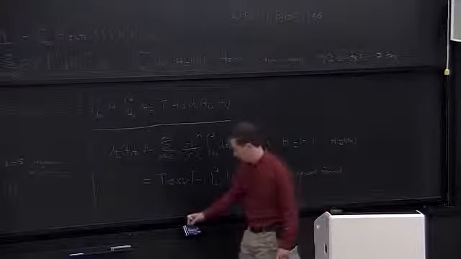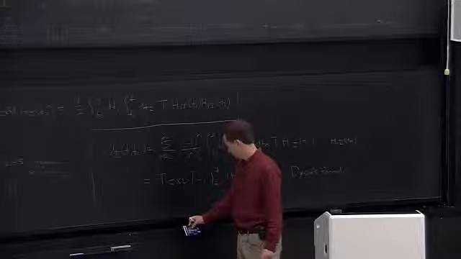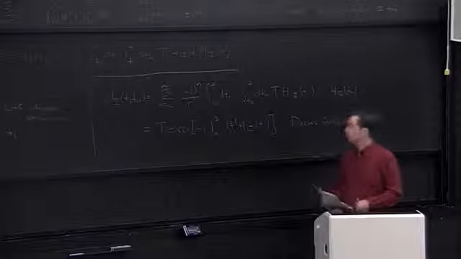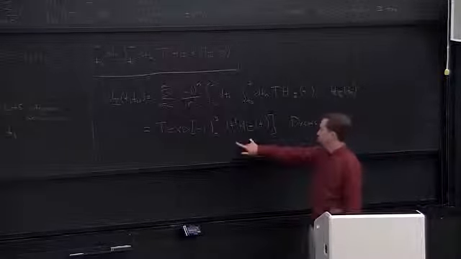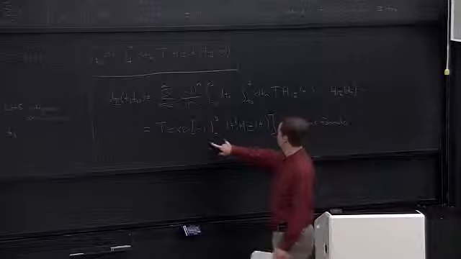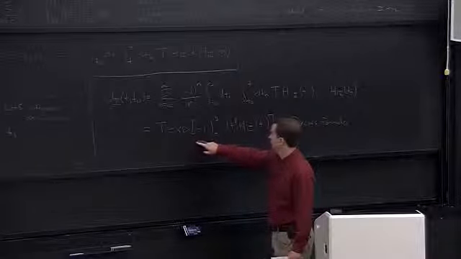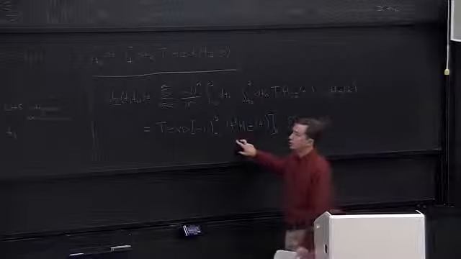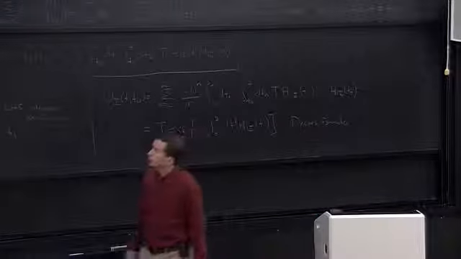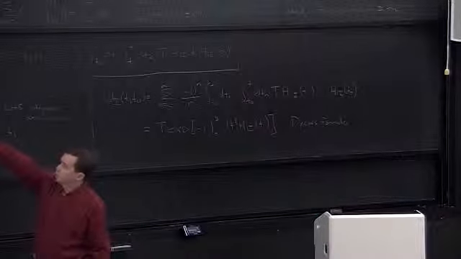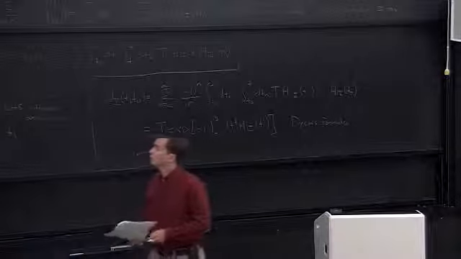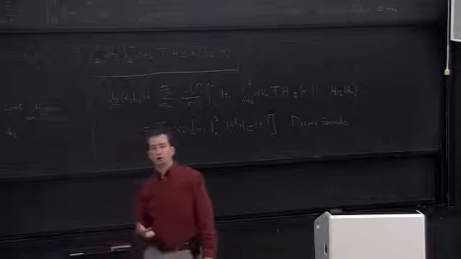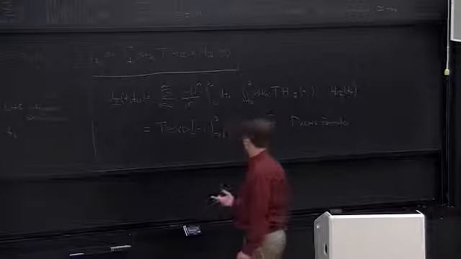And we'll see in a few minutes that we can use this formula in order to do the middle step in our diagram on the first board, in order to relate the time-ordered product of interacting fields to the time-ordered product of free fields.